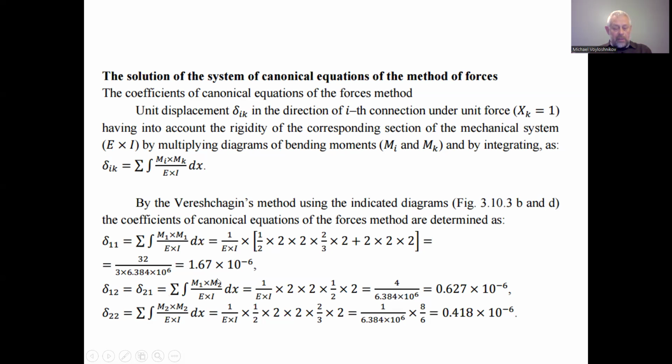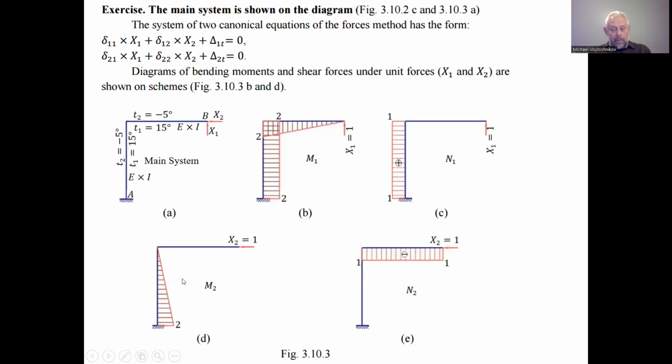In the equality, next we have the Mohr integral, the total of integrals over the elements of the mechanical system, 2 elements, and the bending. For the second element we have a zero diagram under the action of the leftward force applied to the horizontal part of the mechanical system.